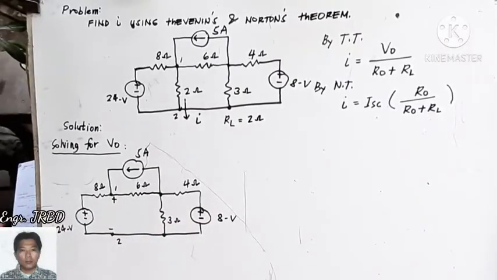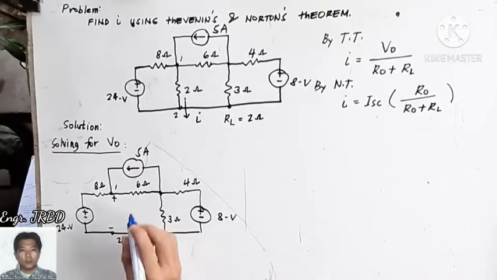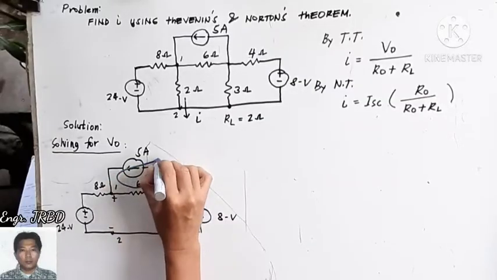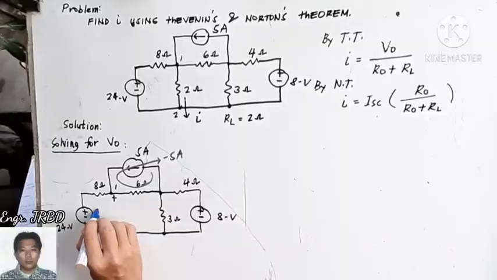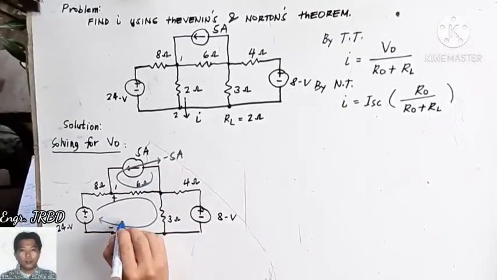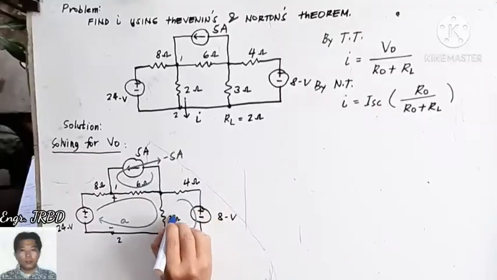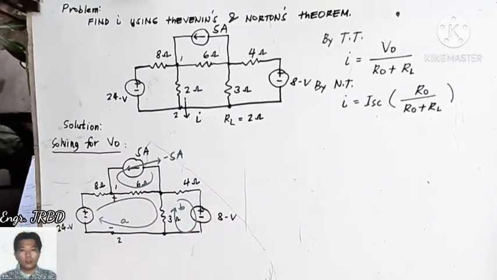Okay. The open circuit voltage is easily obtained by applying your loop analysis. The circulating current here is negative 5, correct? The circulating current in the other one is A, and this one is B. So we have only 2 circulating currents.